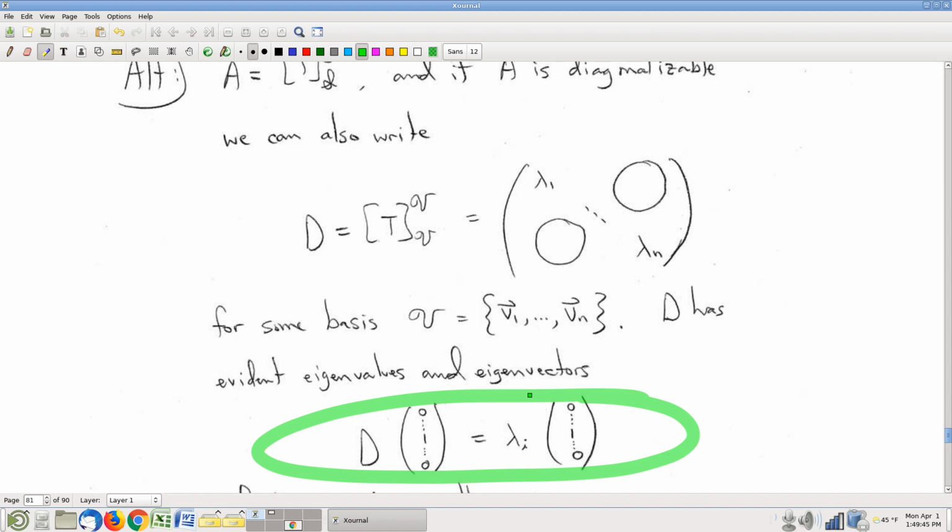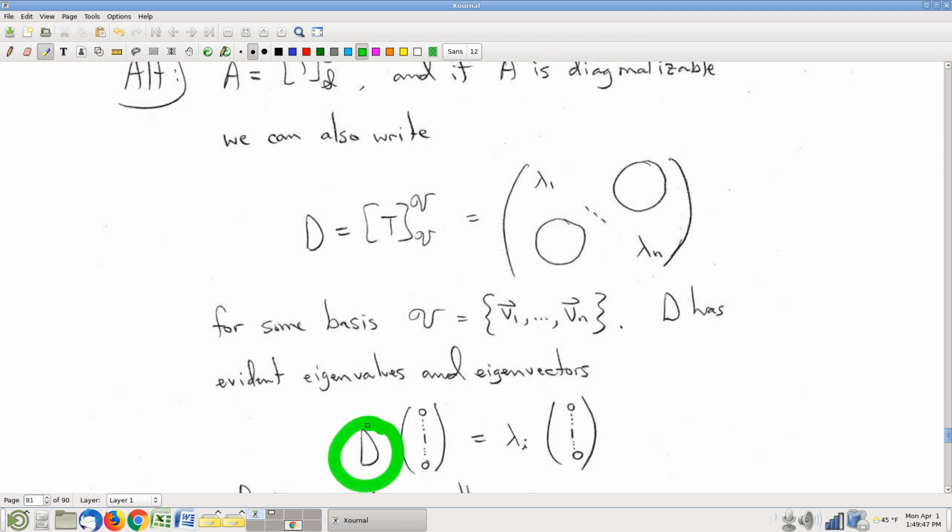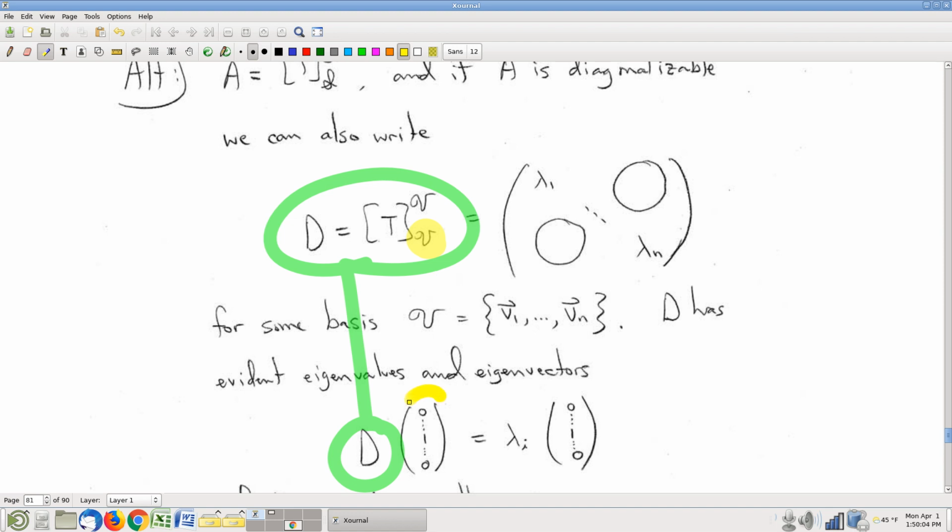What language is being spoken here? Well, the matrix goes from V language to V language. And the fact that this is the incoming basis language for D, the fact that that's script V, tells me that this is representing something in script V language. Okay, so what do these coefficients represent in script V language?